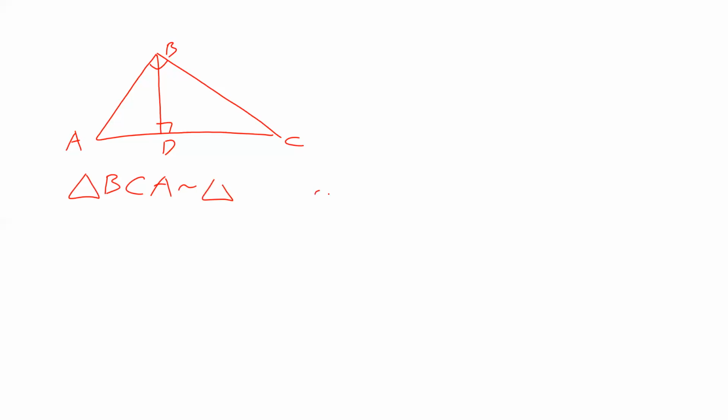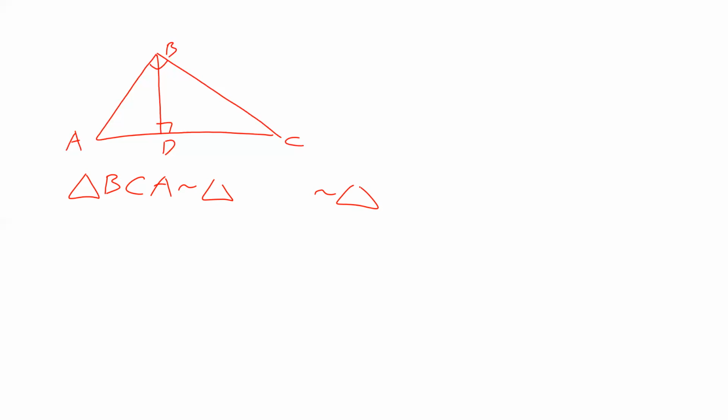Just looking at this, because I know there's 3 of them, is it easy to tell how to match up triangle BCA to the other 2 triangles? For some of you, it might be. For some of you, it probably isn't. Especially the closer in measure A and C get, the harder it is to tell. So, an easy way to do this is to mark the corners.